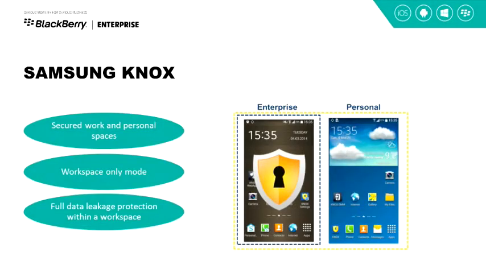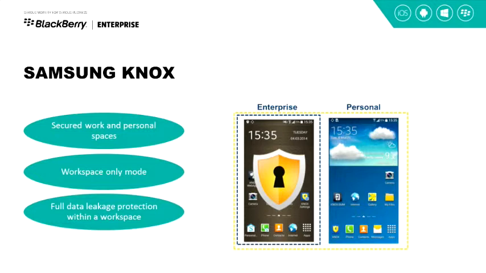Samsung KNOX. If you're going to pick an Android favorite for me, this is my favorite at the moment, perhaps because it looks so much like what I'm used to with BlackBerry 10. They do follow a traditional model of an enterprise space and a personal space. I've showed that on the screen here with two separate pictures. So in particular, you've got a little button typically, or there's a swipe gesture you can use to go from the enterprise to the personal space.